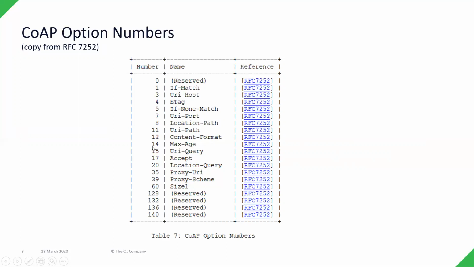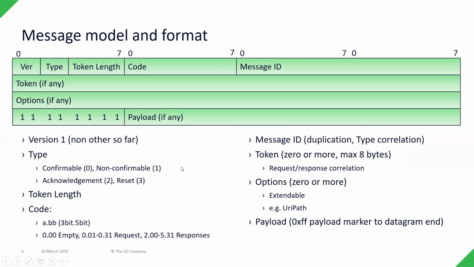And almost all the other RFCs that I've mentioned earlier, they extend on this very same concept. So a block request or an observe request would fall into the same category. And then last but not least, there's a delimiter for the payload, and the payload follows afterwards.